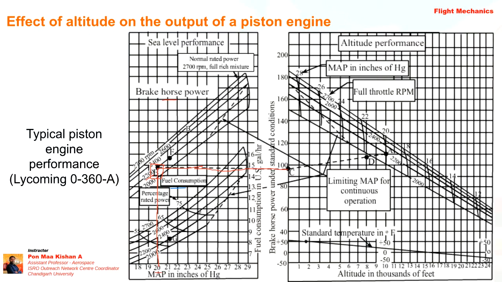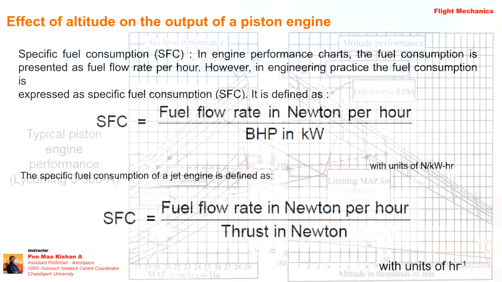If I draw a straight line from this, the corresponding power output, our BHP, lies between 80, 90, and 100. It lies above the middle of this column, so we mark approximately 97. So 97 BHP is the power output at sea level.